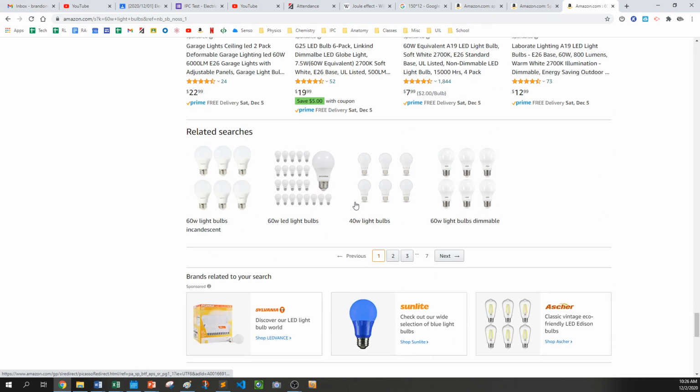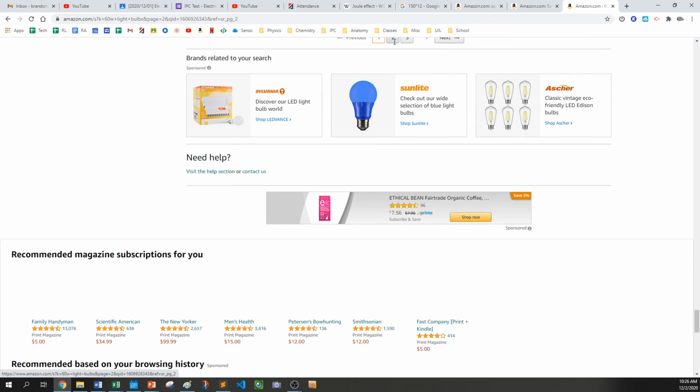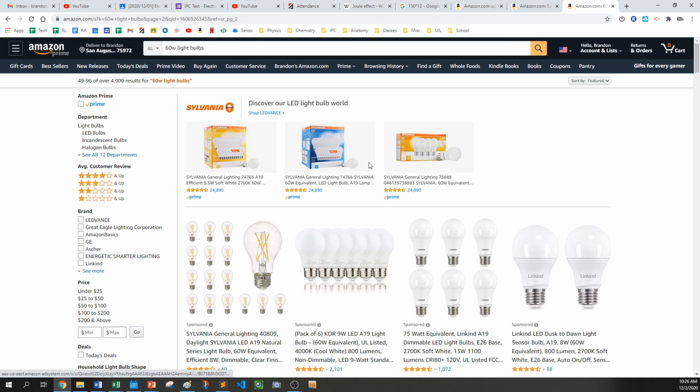Can't find any non-LEDs because you should really be buying LEDs. They save you so much more money.